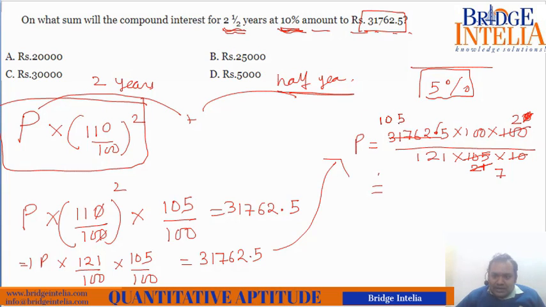Is this going to get cancelled further by 7? Yes. Both these are now multiples of 11. 11 times 121. This is 9, 99. So 48. 4 times 47 again.